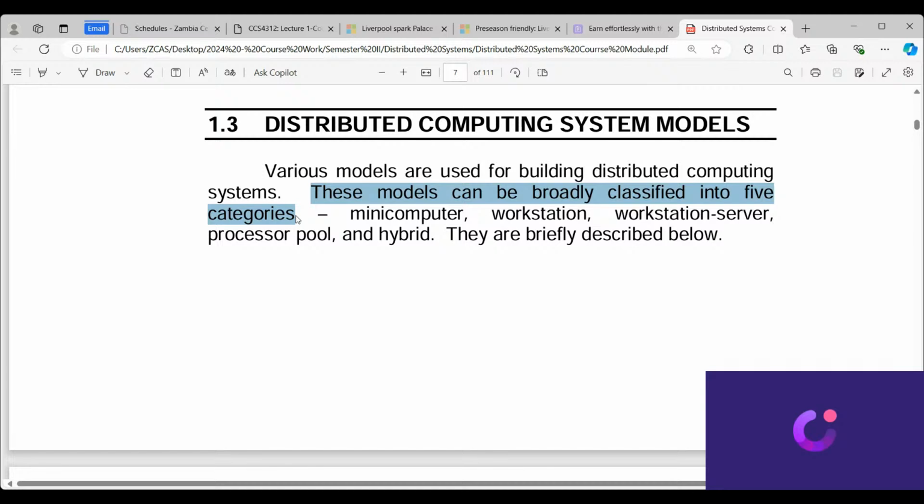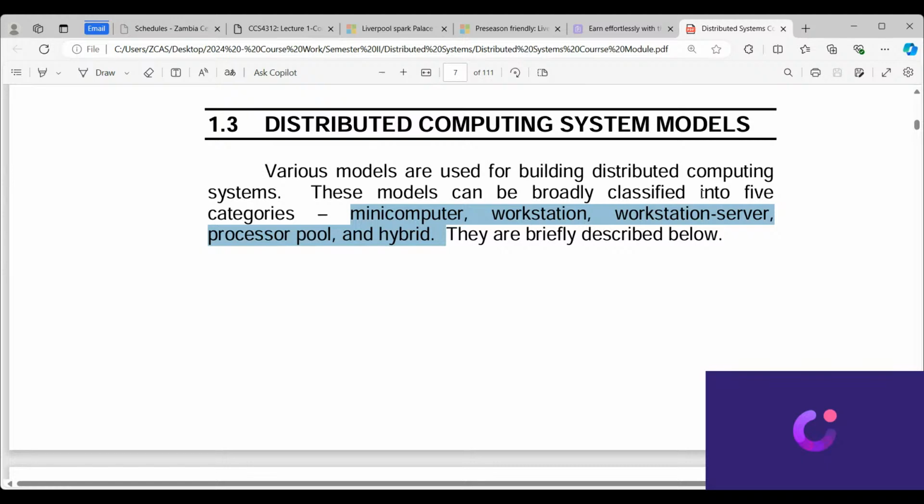They can broadly be classified into 5 categories. We have what we are calling the mini computers, workstations, workstation servers, processor pool, and what we are calling hybrid. These are the classification of the distributed computing model.